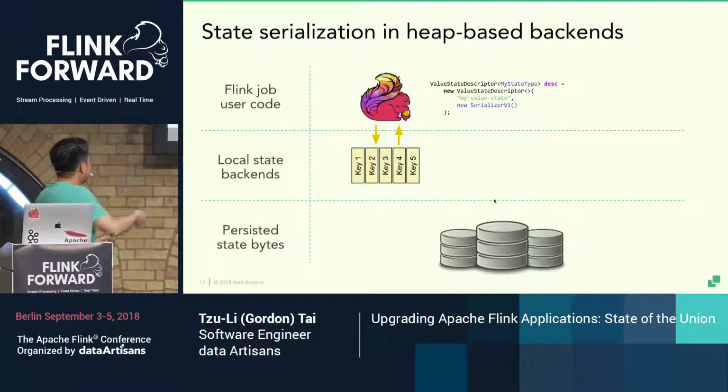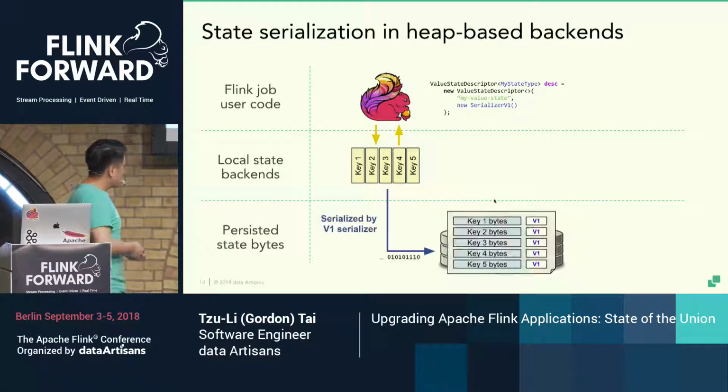Let's say in the first execution we're using serializer version 1. When you do a checkpoint, serializer version 1 is used to serialize them into the save point, and they would be of schema version 1.